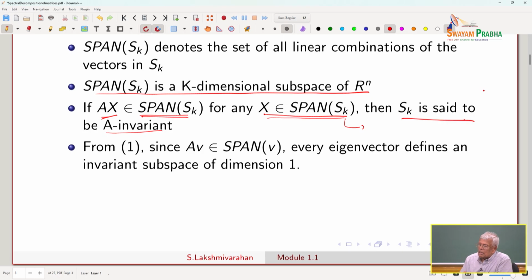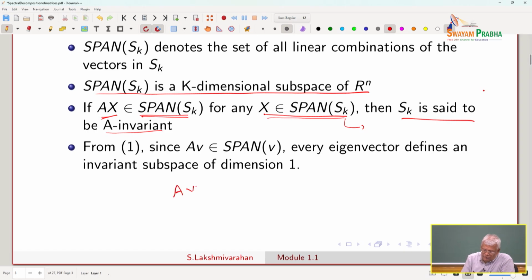That means if I pick a vector in Sk and multiply the vector by A, the resulting vector coming out of the multiplication also belongs to the same space, then we say that space is an invariant subspace. Now, why is this important?